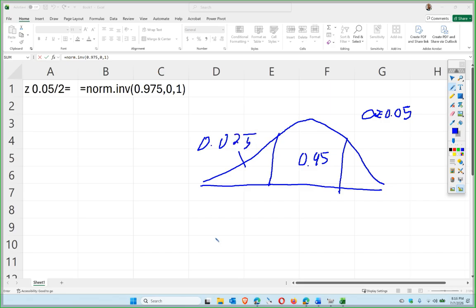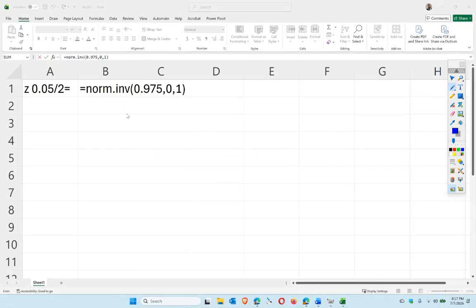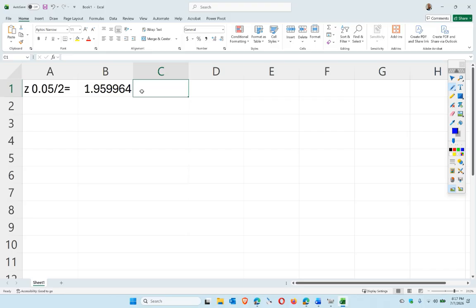So if you add those together from here to here, you get 97.5, correct? So from here to here is just this area. So if I hit enter, I get this here. And if I do normal dot inverse 0.025 comma 0 comma 1, we get the negative value essentially.